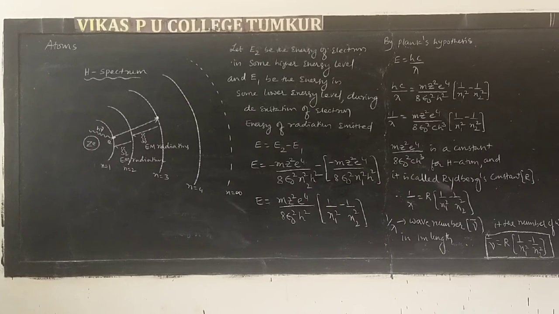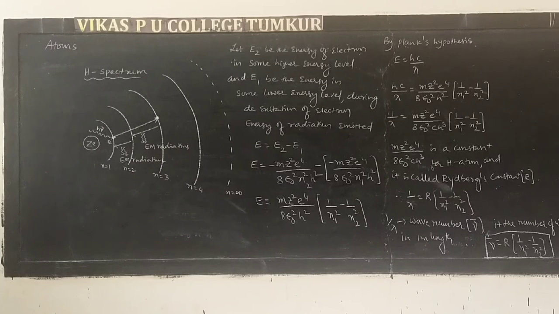So R is called the Rydberg's constant. You remember R will be equal to, on simplification, m z square e power 4 by 8 epsilon naught square c h cube. If you put Z value 1 and simplify, you will get the result as 1.097 into 10 power 7 per meter. 1.097 into 10 power 7 per meter is the value of Rydberg's constant.